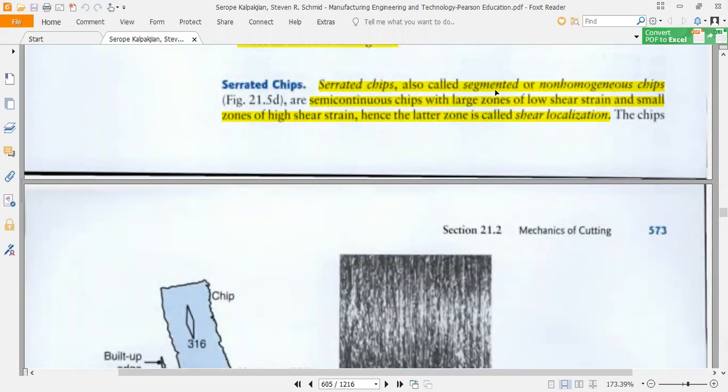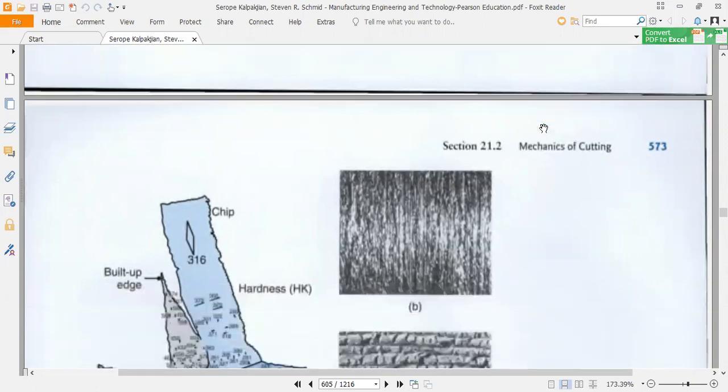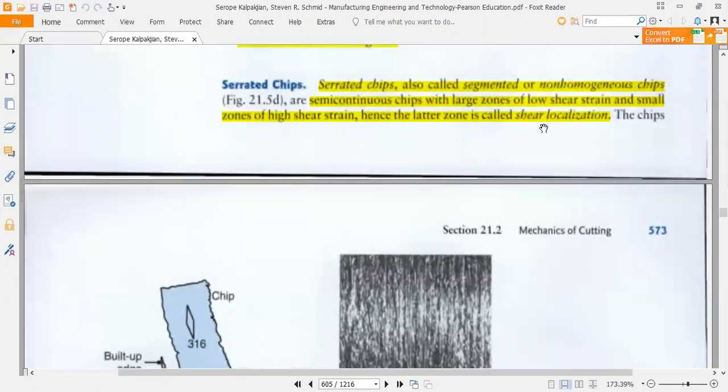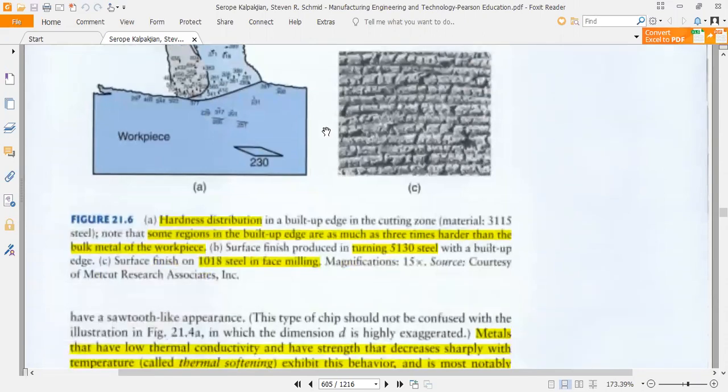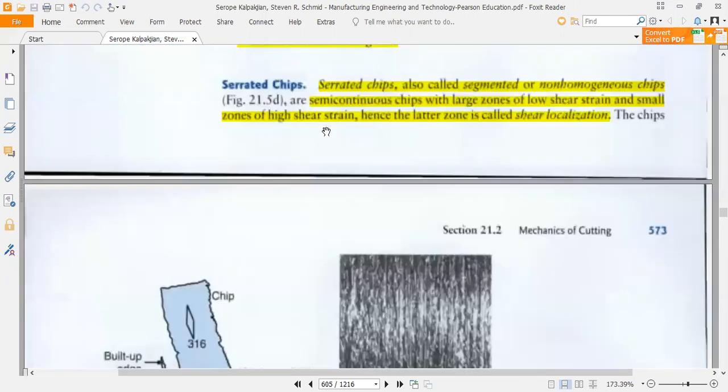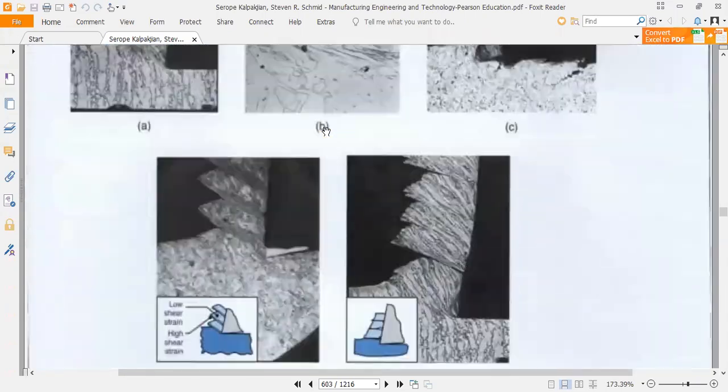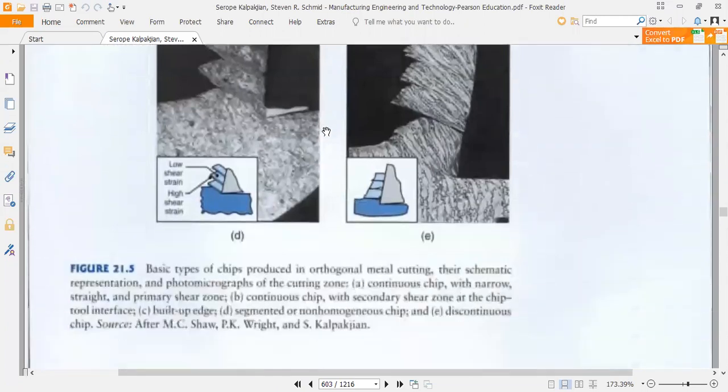Shear chips, known as segmented or non-homogeneous chips, are semi-continuous chips with large zones of low shear strain and small zones of high shear strain. Thus, the latter zone is known as shear localization, meaning the smaller zone that has high shear strain. I am going to tell you from the figure about this type of problem.